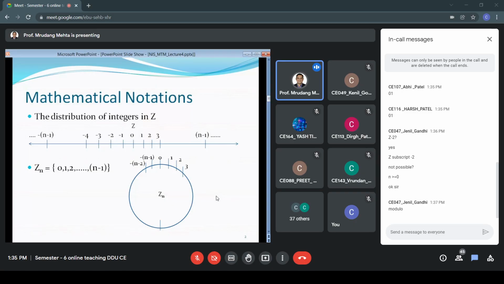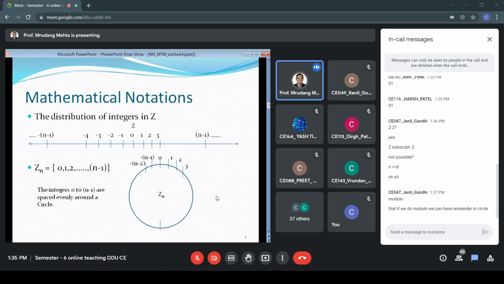Why is a circle suitable to represent it? Integers 0 to n minus 1 are spaced evenly around a circle. So if we do modulo, we can have the remainder in the circle.